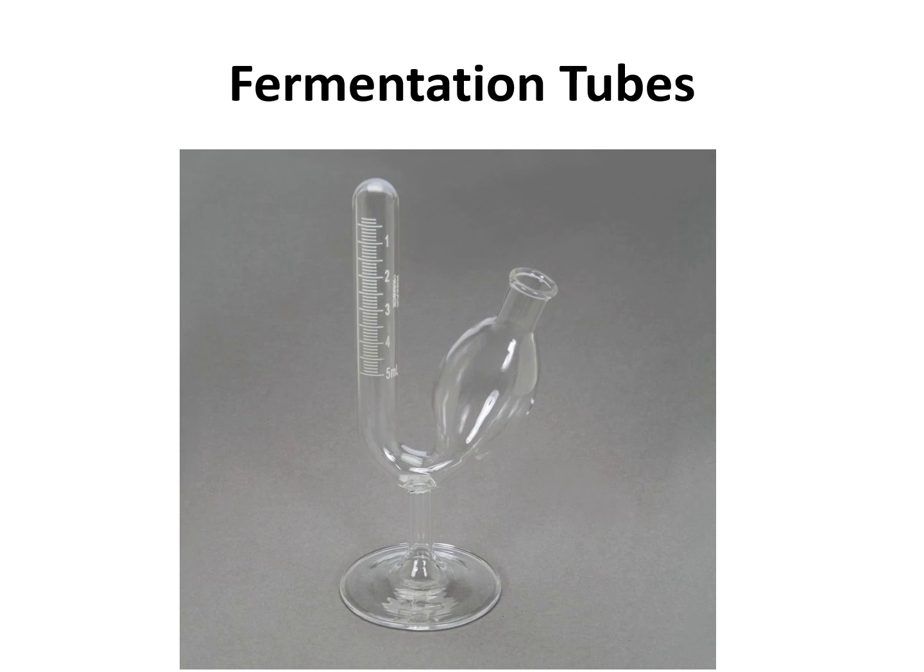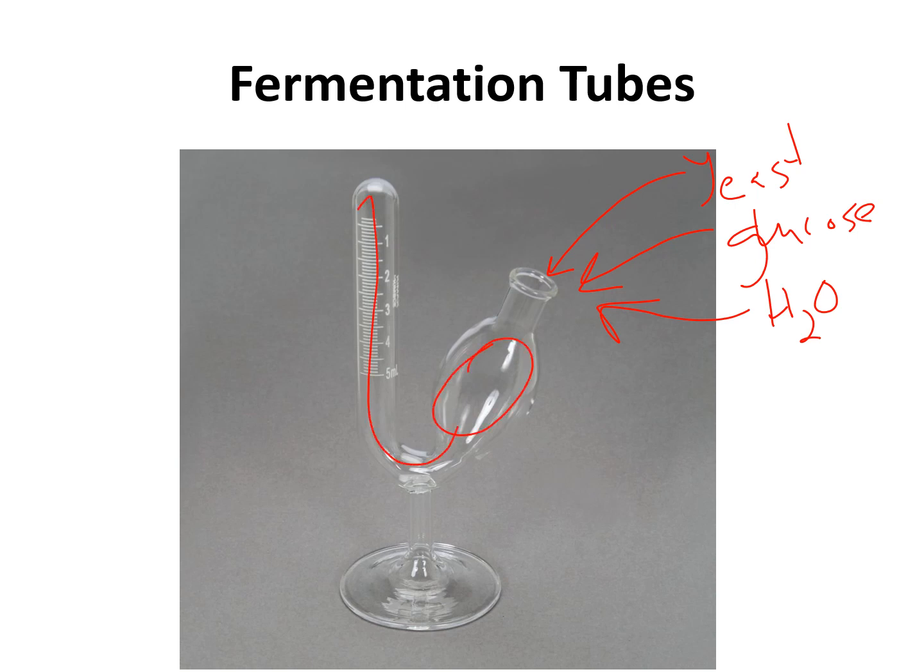For the fermentation tubes, you would have added all of your reagents, the yeast and the glucose and the water, if required. And they would have mixed together in the bowl, and then you would have tipped the tube so that the solution fills all the way to the top.